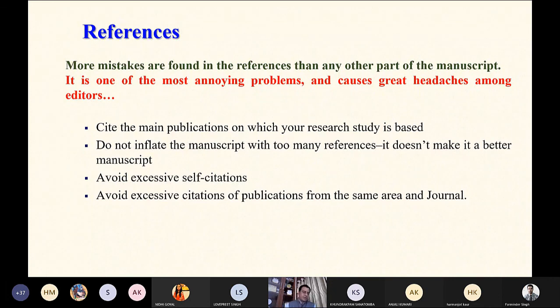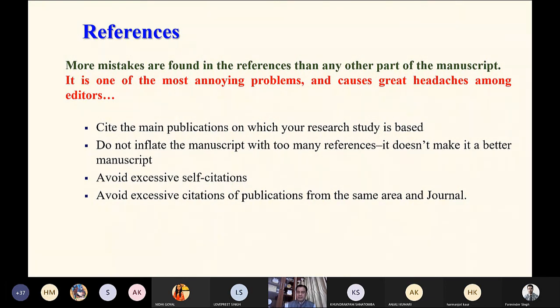Till now I have talked about the different parts of the manuscript, the things we have to consider when we decide the title, write the abstract, the introduction, research methodology, findings, discussion, conclusion, and at the last the references part.